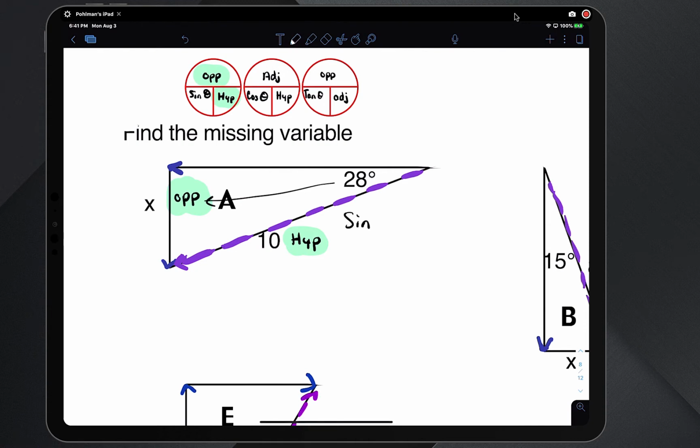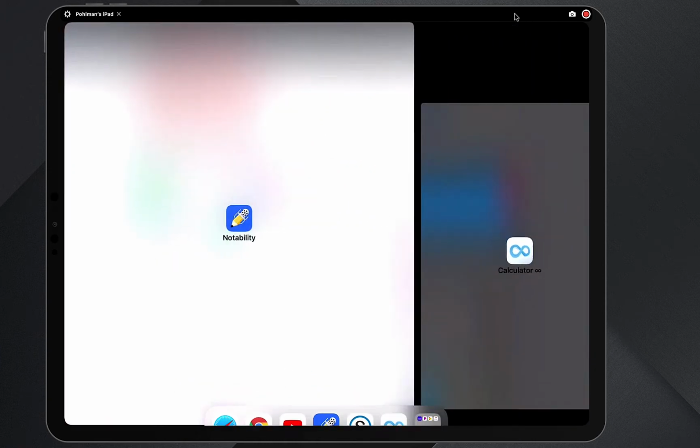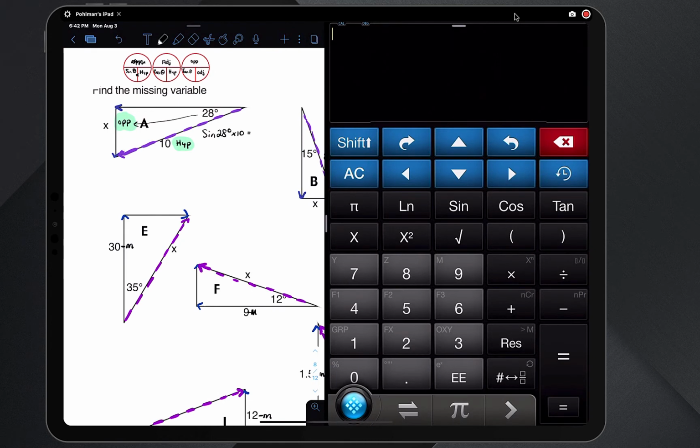So we'll have sine 28 degrees, and since I'm trying to solve for the actual opposite side, if I cover this up, that means I will have these two things being multiplied together. So I have sine 28 times 10 equals, on my calculator, we'll have sine 28, close that.